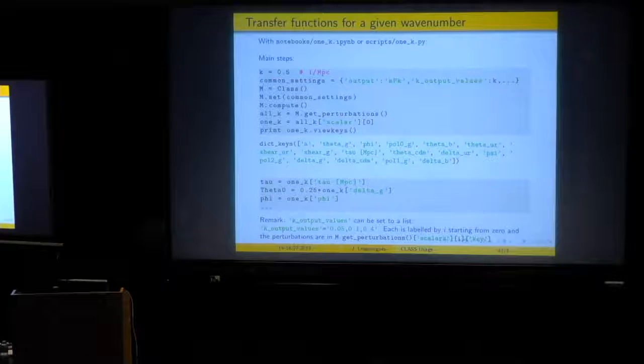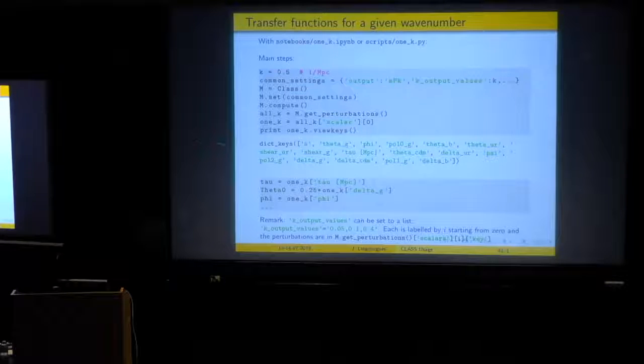We have the perturbation of the photons, which are delta_g, delta_gamma, theta_g, theta_gamma, and shear_g, which is sigma_gamma in the language of Ma and Bertschinger. So it's the anisotropic stress or shear. There is the same for the ultra-relativistic neutrinos, for the baryons, for the metric fluctuation, psi and phi, etc.